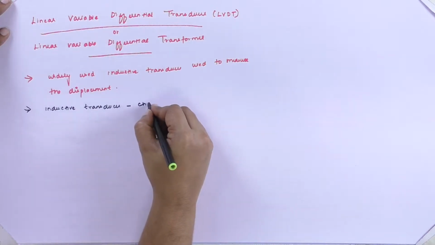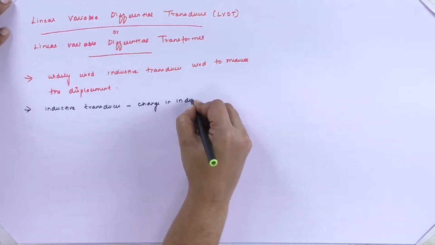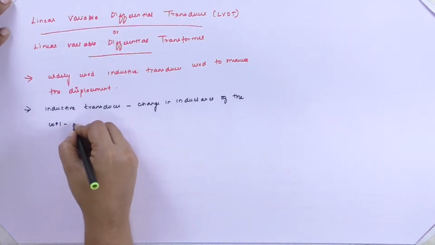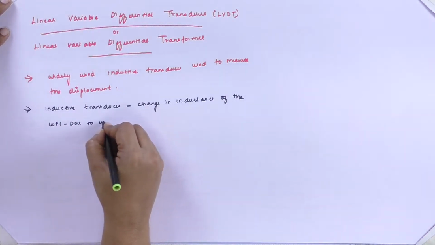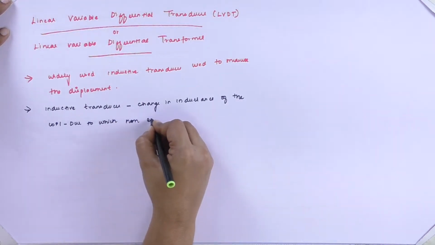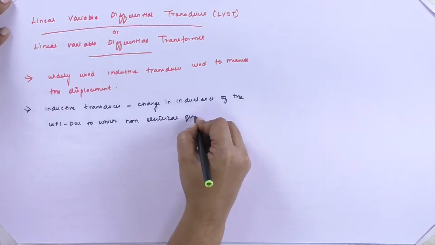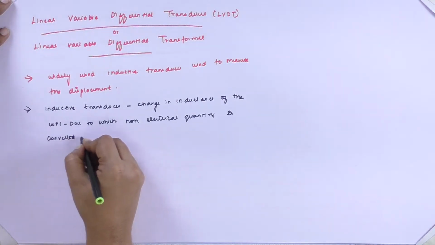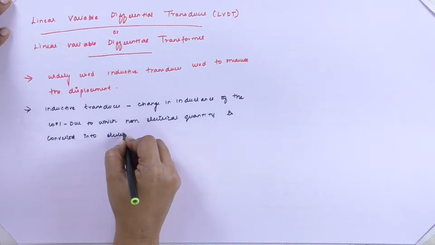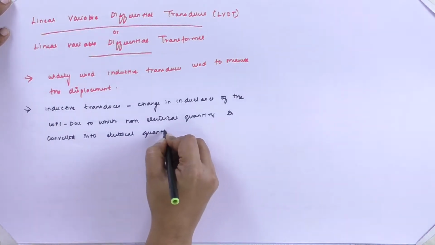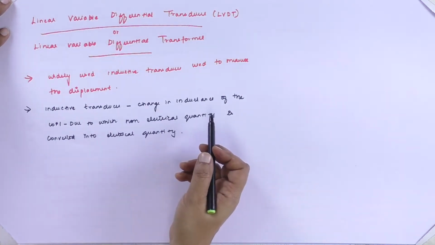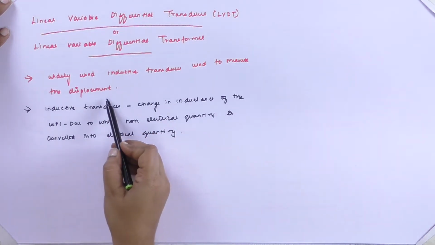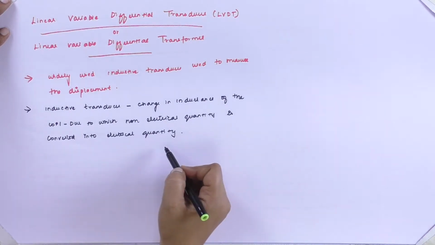It means the change in inductance of the coil is used for transduction, that is, it converts a non-electrical quantity, which is nothing but displacement here, into an electrical quantity.